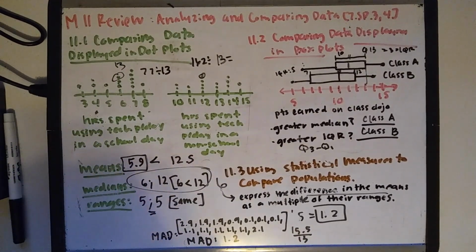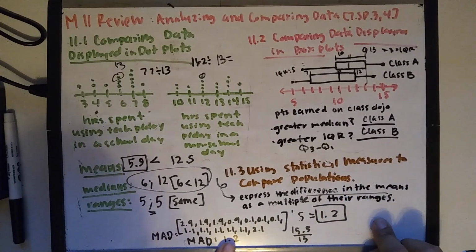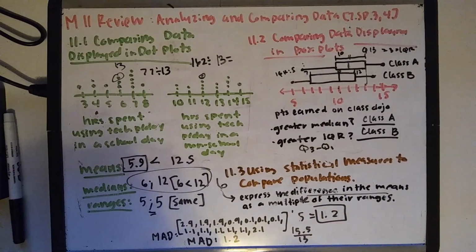That's what it means. And so if you were asked for the difference of the means as a multiple of their MAD, you take the difference, which was 6, and then you divide it by that to get the expression that shows the difference of the means as a multiple of your MAD.